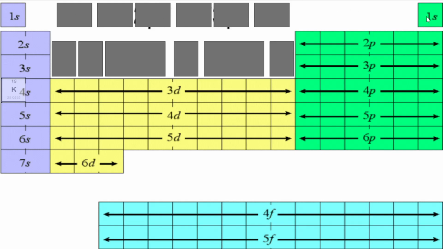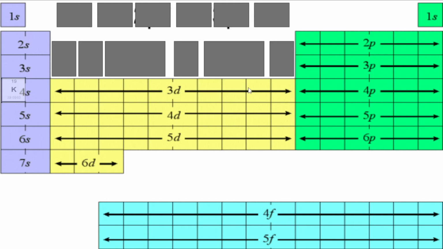In the 2s, we have 2 possible locations. In the 2p, we have 6. The 3s, we have 2. The 3p, we have 6. And then over here, there are 2 possible, but since the location of potassium is right here, if you count, there's only 19 electrons total.